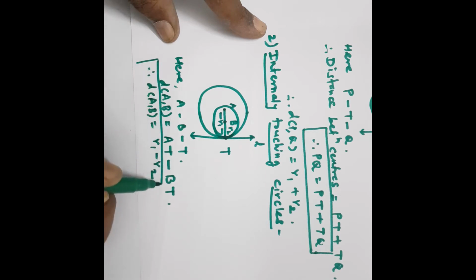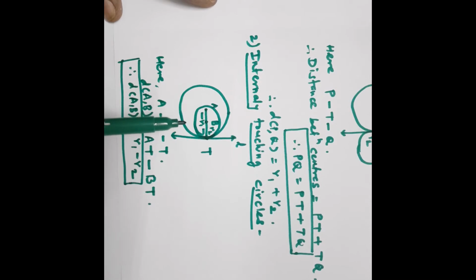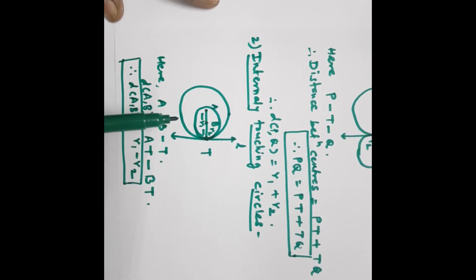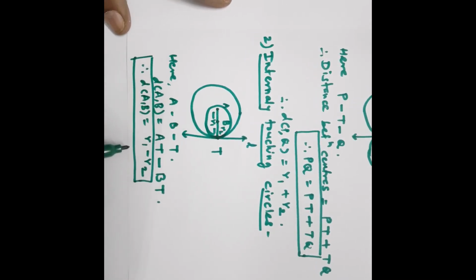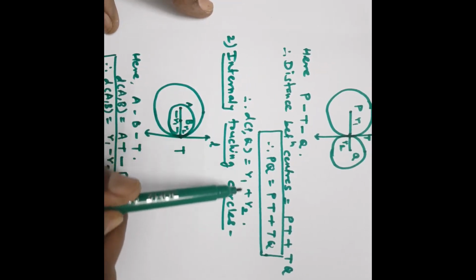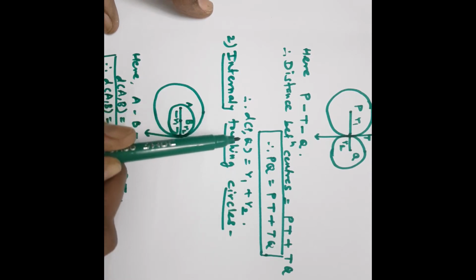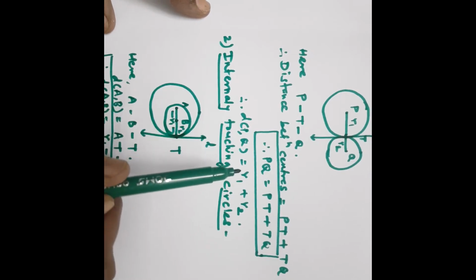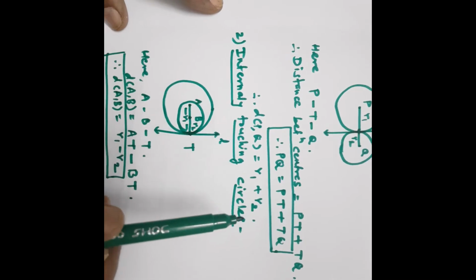That means in the case of internally touching circles, the distance between the centers is equal to the difference between the radii, and in externally touching circles, the distance between the centers is equal to the sum of their radii.